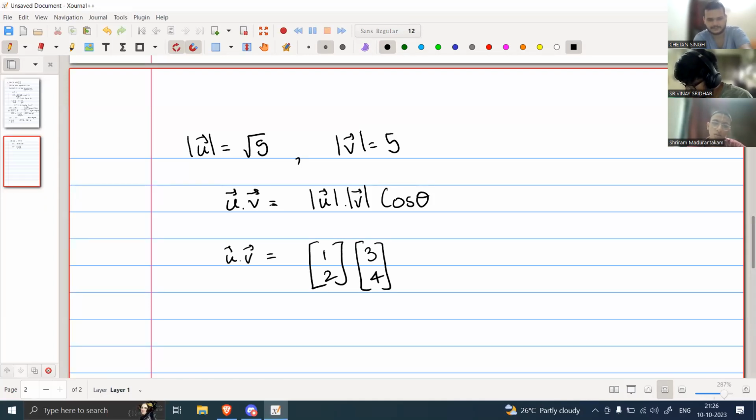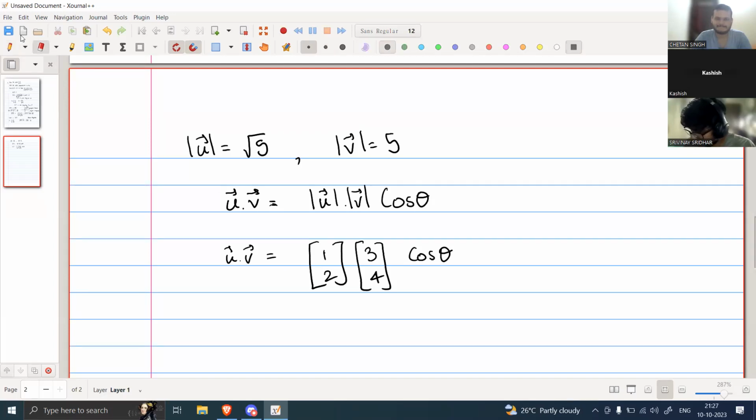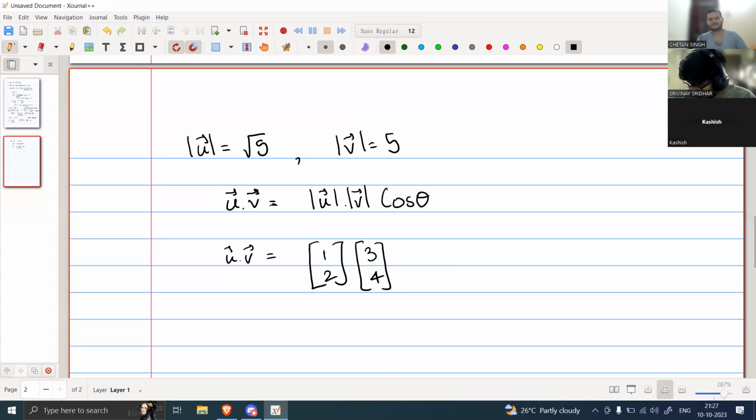Is this enough? The problem is you're assuming that cos theta is 1, that is theta is 0. There is still going to be cos theta multiplied to it, right? Just like how we did 1, 2 dot 1, 2, I did 1 square plus 2 square.